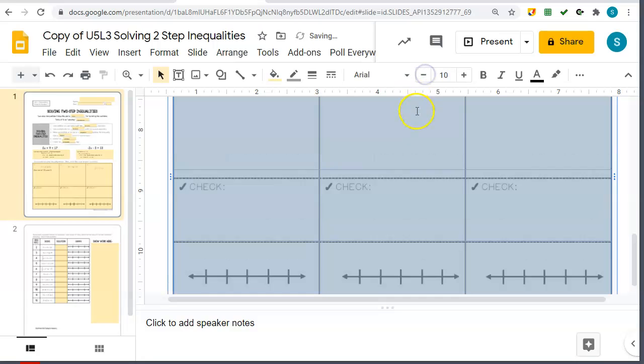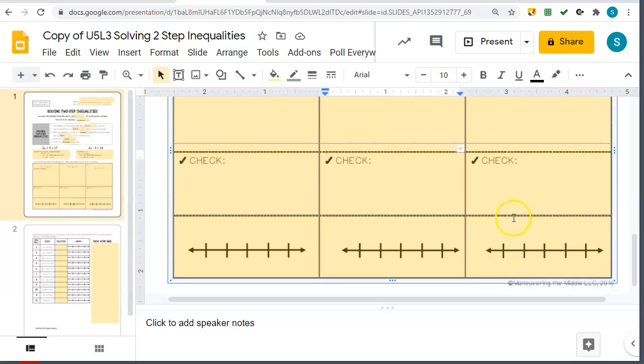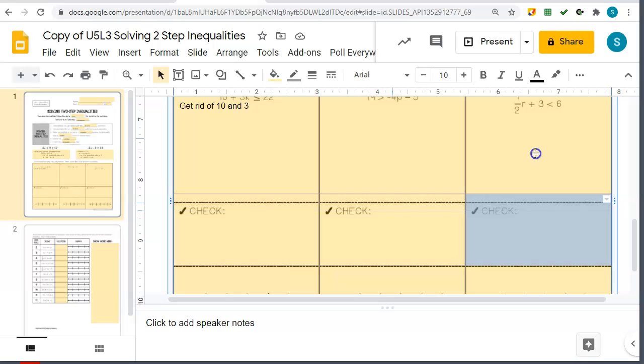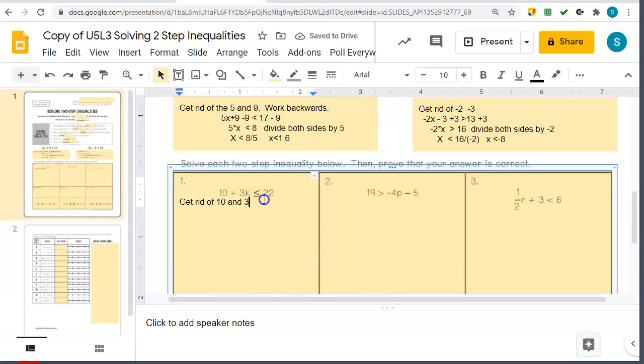I think a 10 would be better for this stuff. I also think it would be nice if this line matched up a little bit better. Why is it I can't grab that line? And that one there. Alright, so that looks a little bit better.